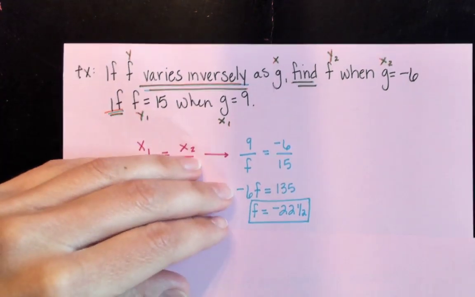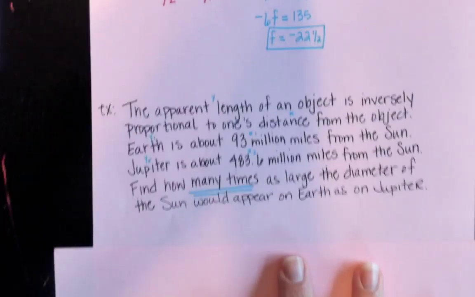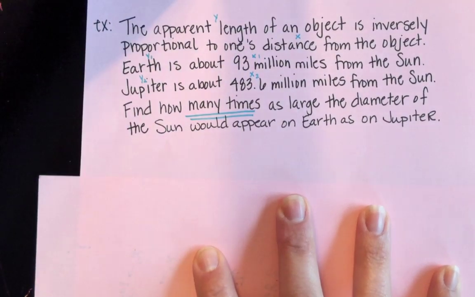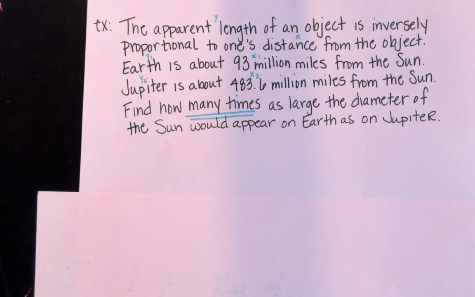So now what we're going to do is take a look at our word problem. Now I took this one right out of the book, and I did so on purpose because it is different. I didn't want you wondering, why is it not the same as some of the other ones? I hate that.